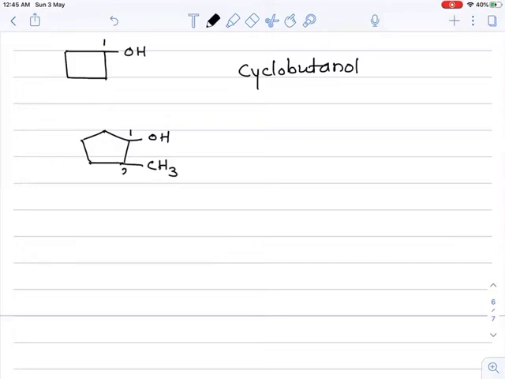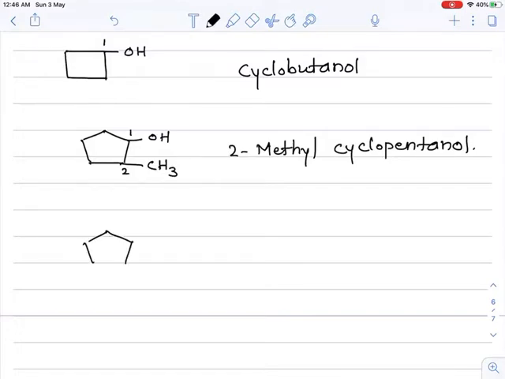Again we number this cyclic ring from this side. So at position 2 the methyl group is there, so 2-methyl cyclopentane with OH, that is cyclopentanol. Cyclopentane, E replaced by OL, cyclopentanol. If we take one more example, cyclopentane again attached to one OH and one ethyl group, give its IUPAC name.